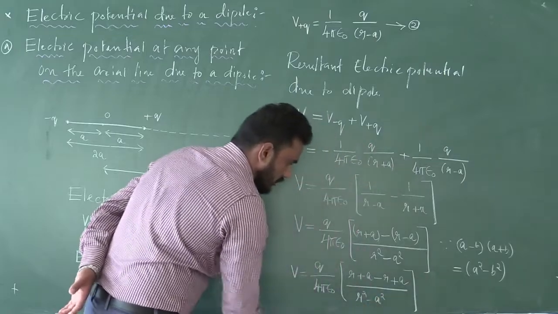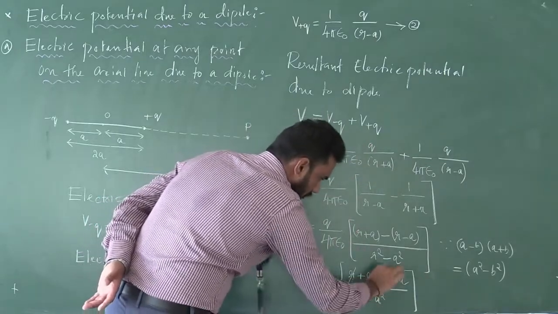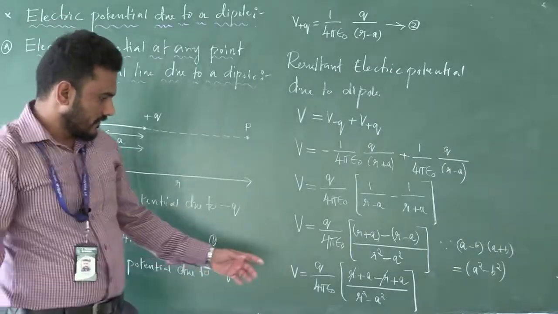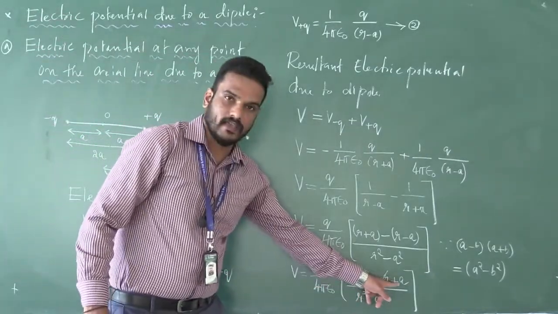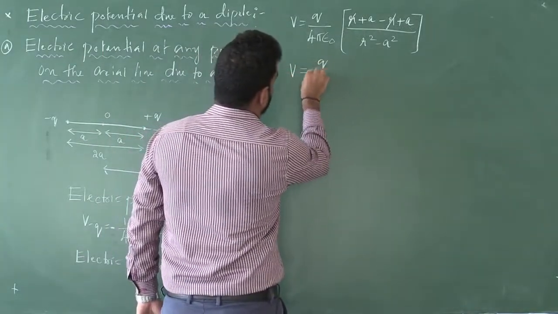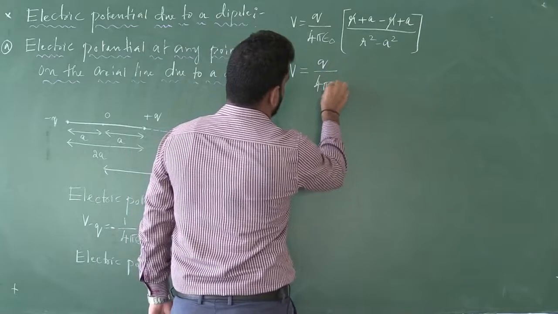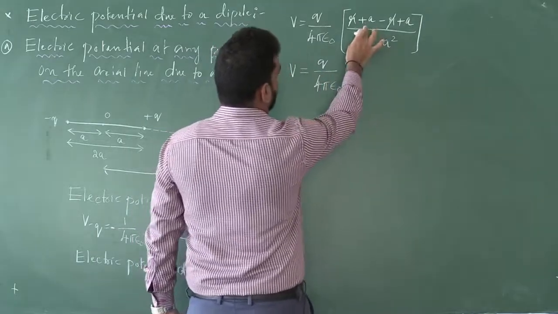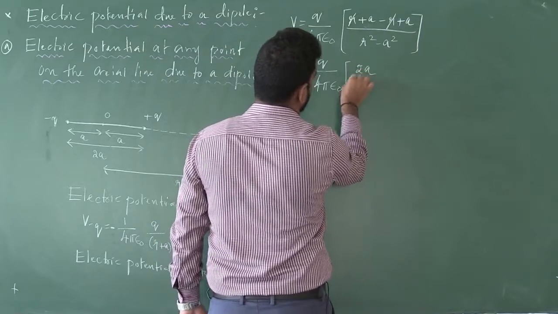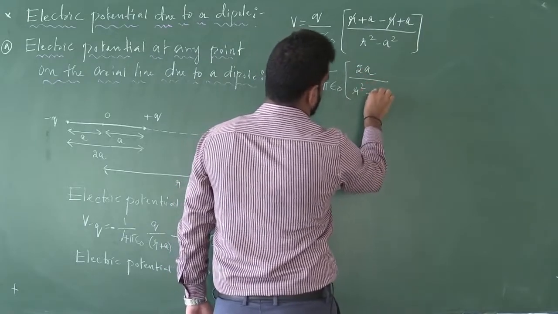So what will happen here? Plus r minus r gets cancelled. What is the remaining thing? a plus a, it is 2a. So V is equal to Q divided by 4 pi epsilon naught, times 2a divided by r square minus a square.